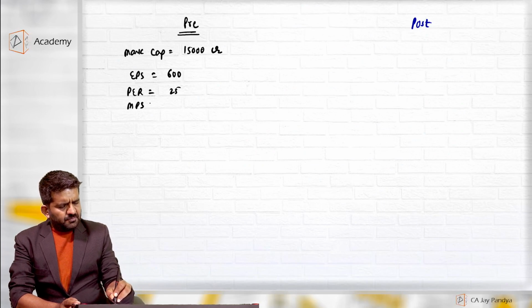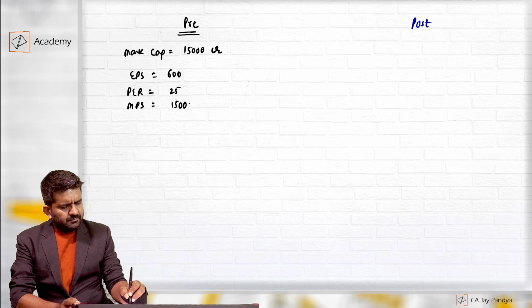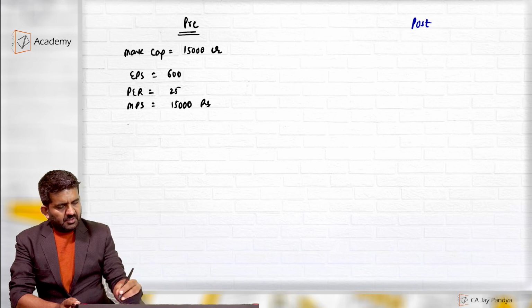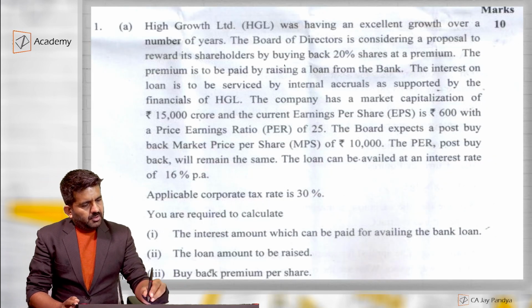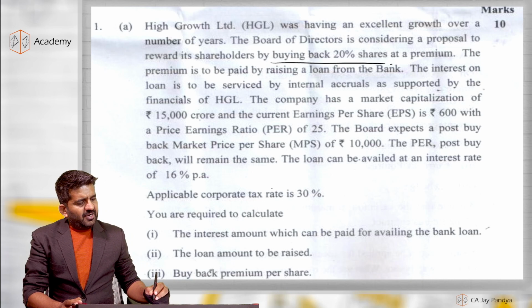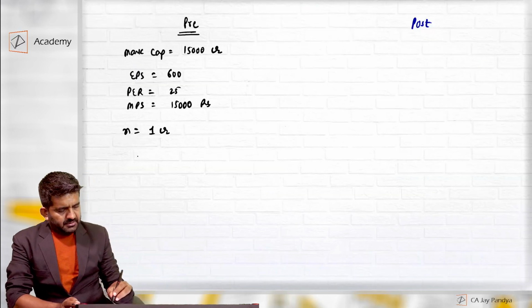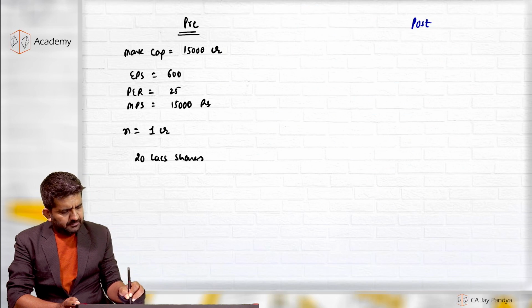So MPS is 15,000 and number of shares will be 1 CR. Buyback of 20% of shares. So 20 lakh shares will be bought back.